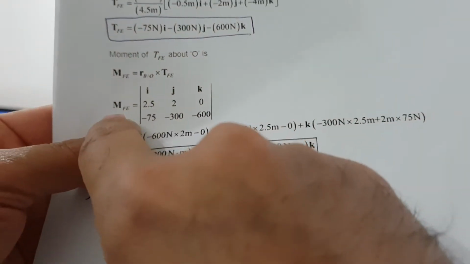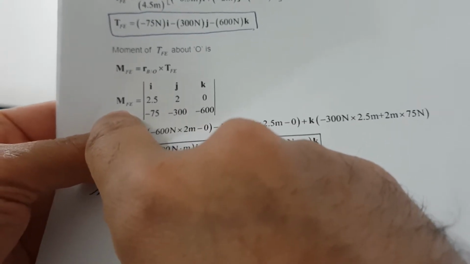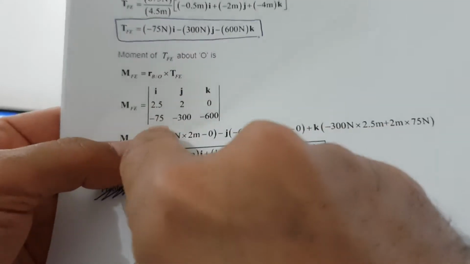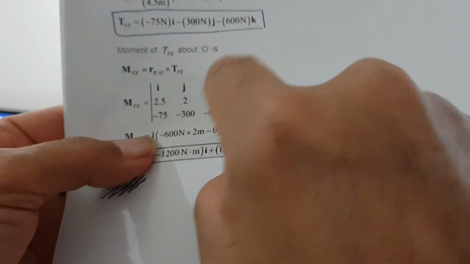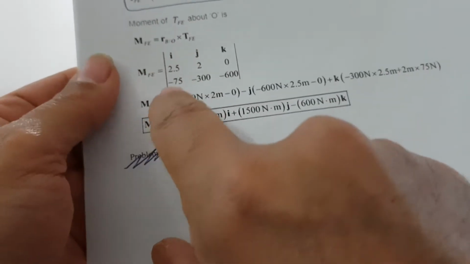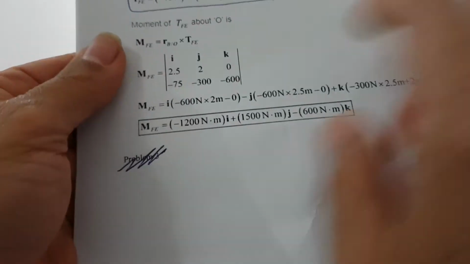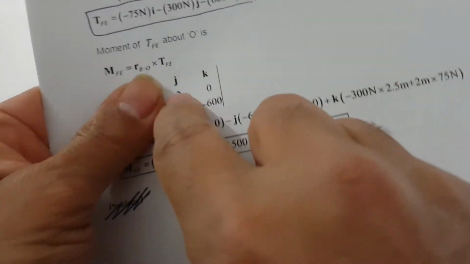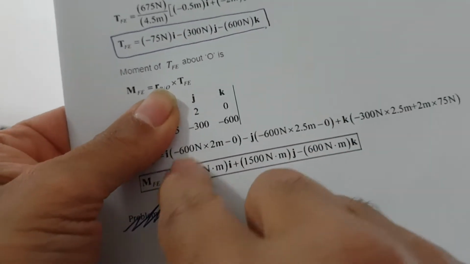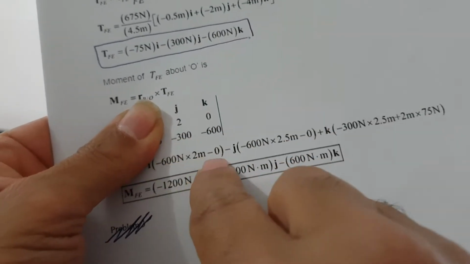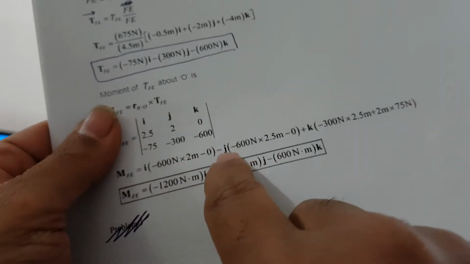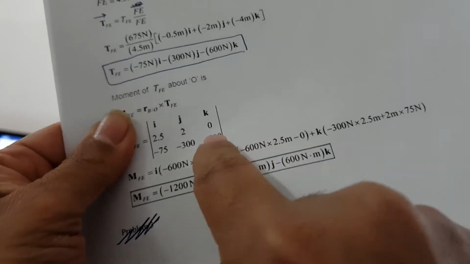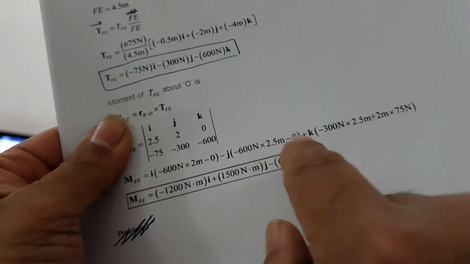Of course, for the moment FE around point O, we put IJK, 2.5, 2 and 0, and you put the tension: minus 75, minus 300, minus 600. Now, to solve this, you put I here, hide this: 2 times minus 600, minus 0 times minus 300, 0. Then minus J: 2.5 times minus 600, minus 0 times minus 75, 0.